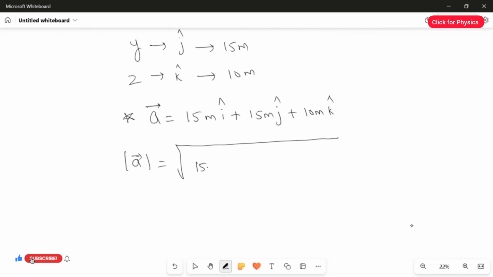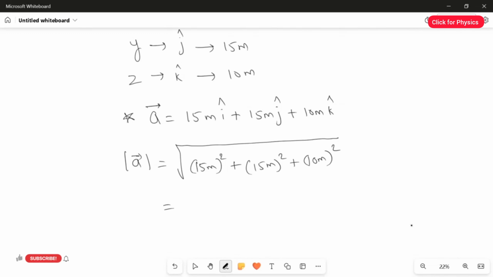It's 15 meter squared, plus the square of the component of the y direction, whose value here is 15 meter squared. Likewise, we have to do the same thing for the z direction component. So we square the component of the z direction, which is 10 meter whole squared.